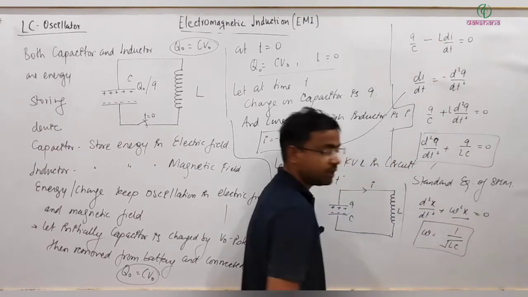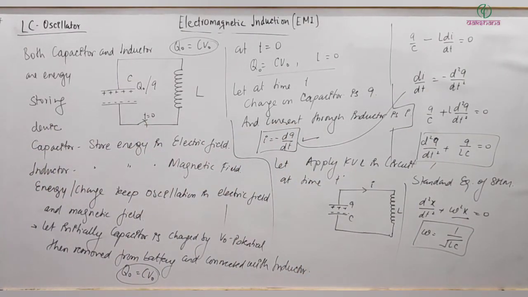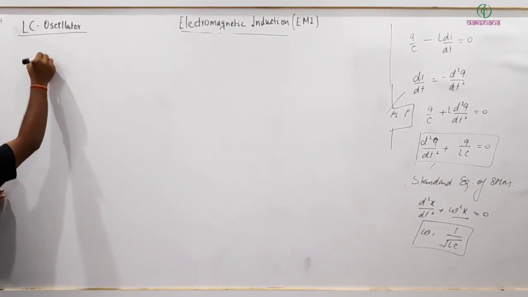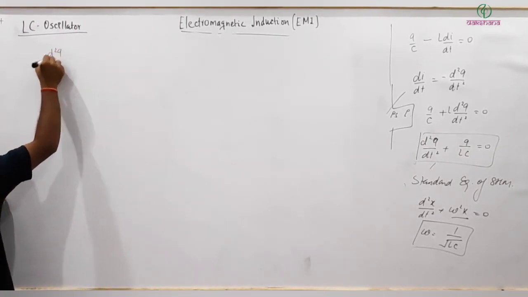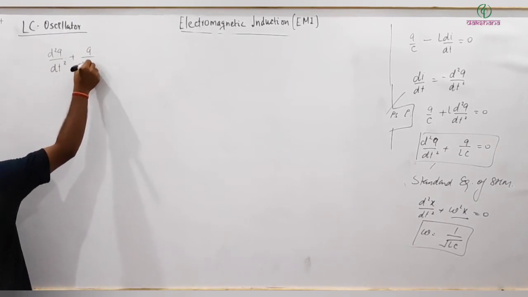So this is the angular frequency of oscillation of charge. Let me erase this part. So we have the final relation d2q by dt square plus q divided by LC equal to 0.